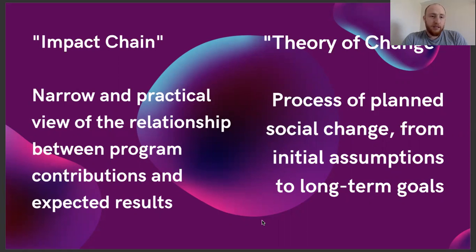In simple words, again, impact chain is a narrow and practical view of the relationship between program contributions and expected results, and theory of change is a process of planning social change from initial assumptions to a long-term goal. And there is no clear line between them. Sometimes they support each other in lots of characteristics.